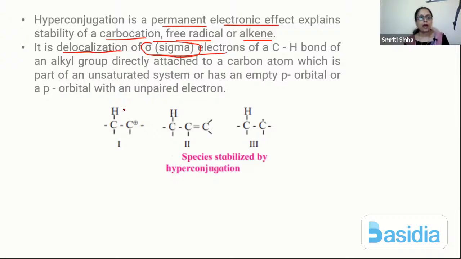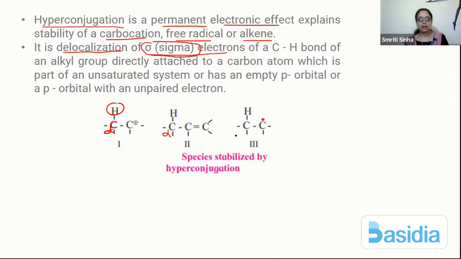Now, if you have carbocation or any other free radical or alkene, the carbon next to it, if it has hydrogen, is called alpha carbon. So the more number of hydrogen the alpha carbon will have, the more will be the conjugation effect. That is hyperconjugation effect. So double bonded also, if it has alpha carbon, and the more number of hydrogen on this alpha carbon, the more will be this hyperconjugation effect.